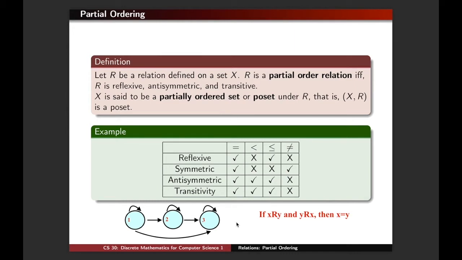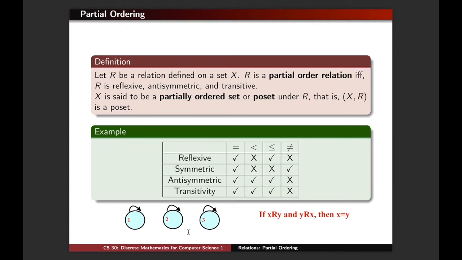Now, it is also important to notice that satisfying symmetry doesn't mean a relation doesn't satisfy antisymmetry, as shown by the equality relation here. If we draw the equality relation on the set containing just numbers 1, 2, and 3, it will look like this. There's just one arrow pointing to the same number.